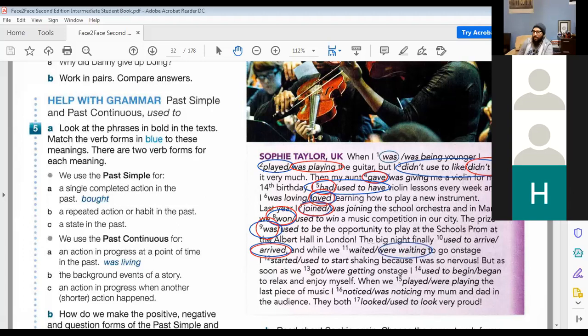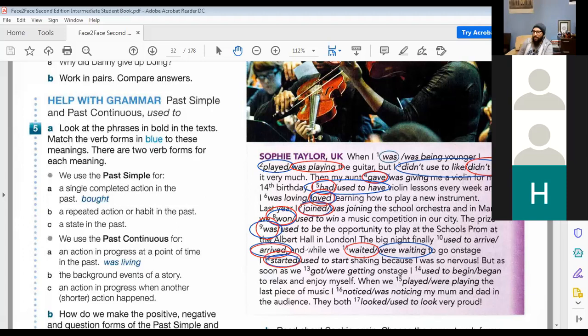Okay. For me, "we were waiting," because it's in progress. Okay. "I started shaking." And because "I started," yes. Even me, "I started." Okay.